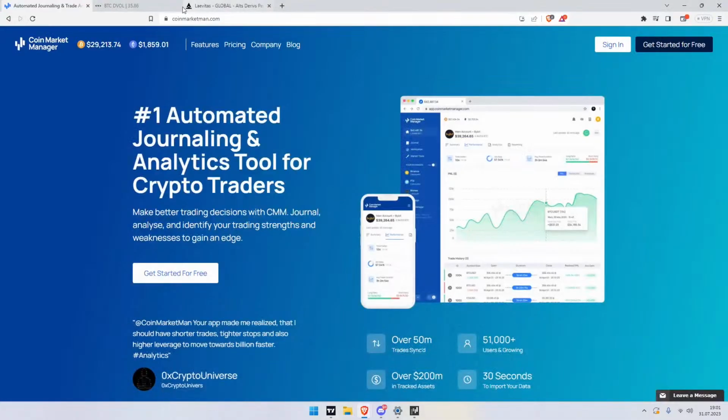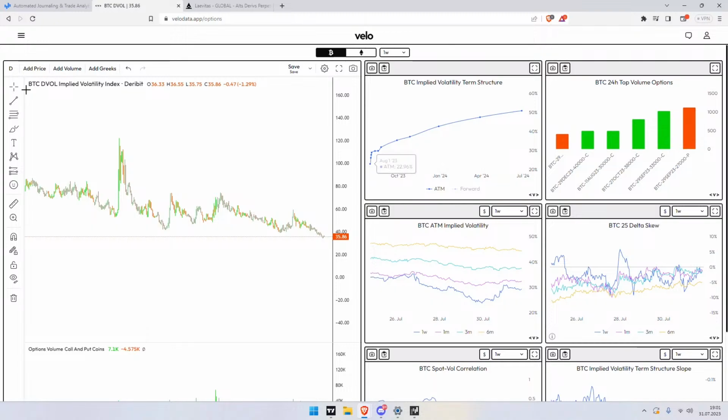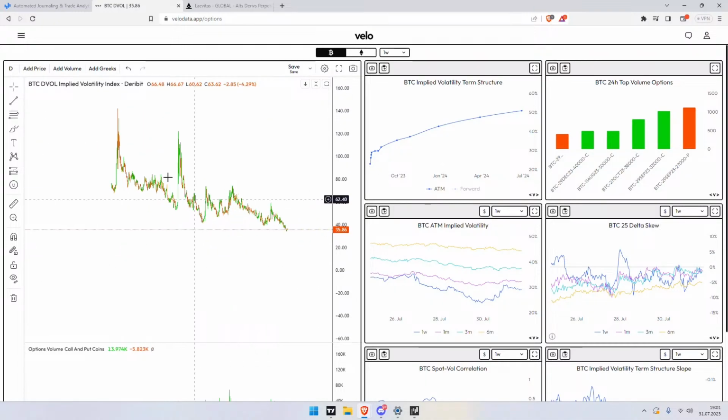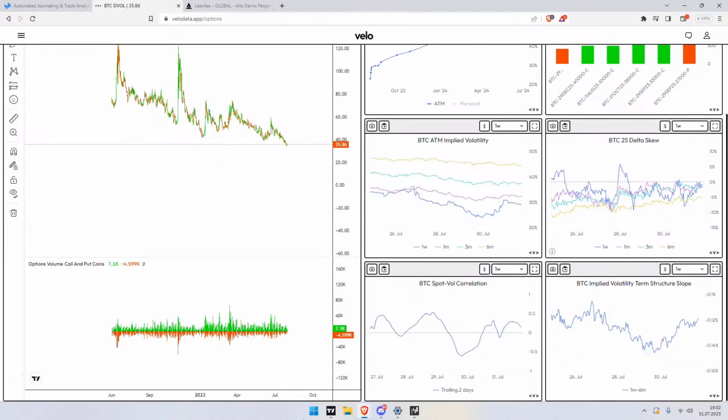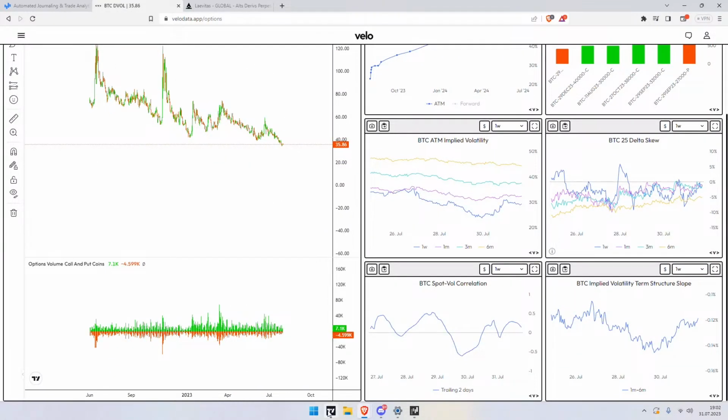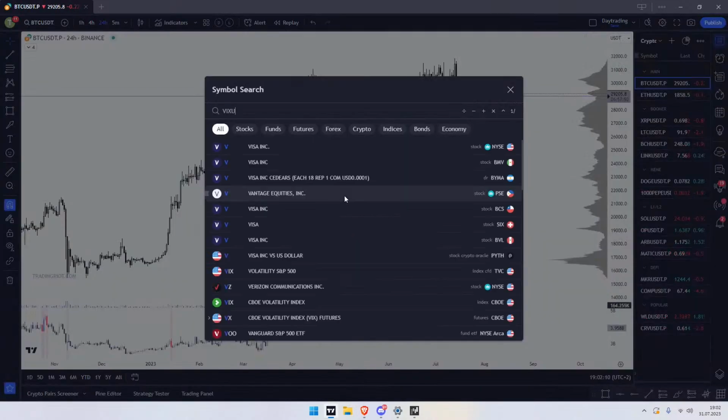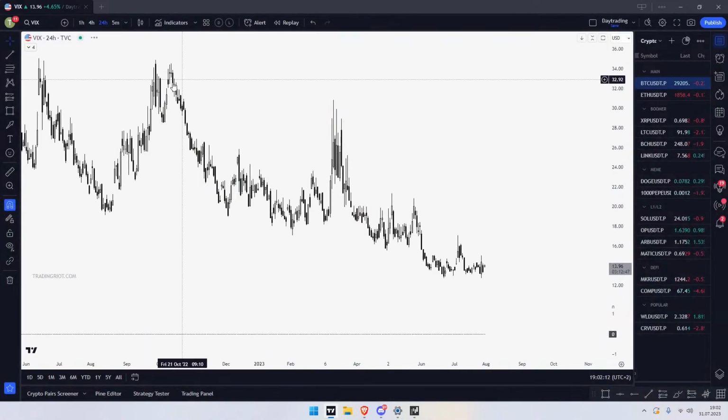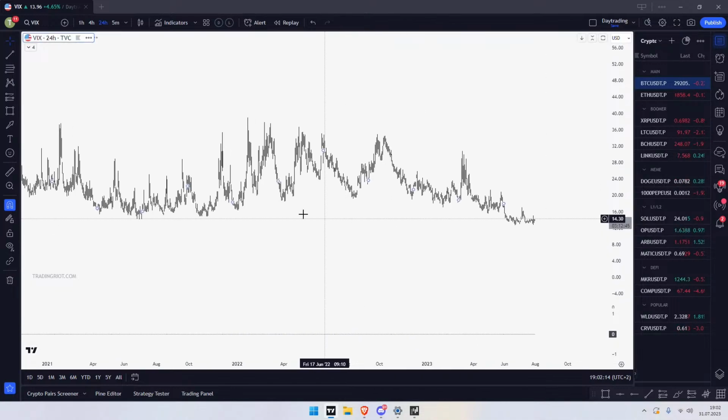I will also show you this daily implied volatility on Deribit. You can see the volatility is just dying down. There is some talk now on Twitter, people kind of calling bottom on the volatility. If you ever traded options or you know a little bit about that, volatility tends to be mean reverting.